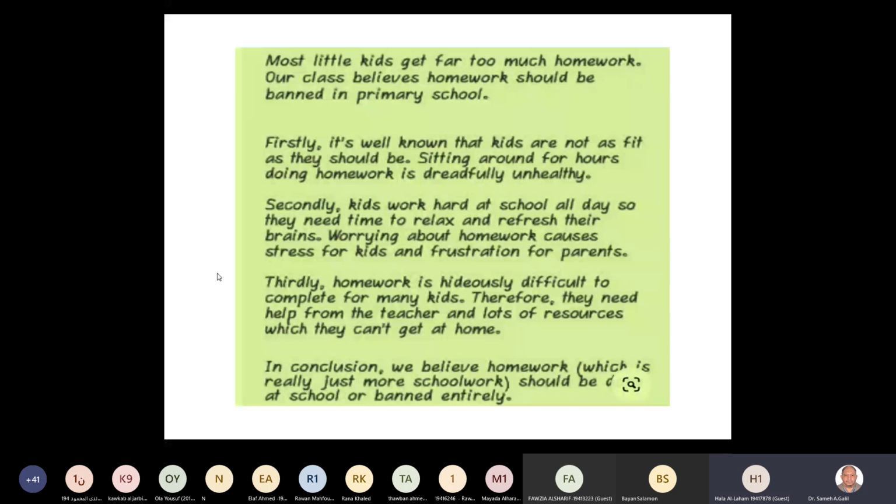Okay. Can you elaborate on that? Let's start, for example, with the introduction. "Most little kids get far too much homework." According to whom? This essay is just claims and maybe nagging. They don't support their ideas, just claims.